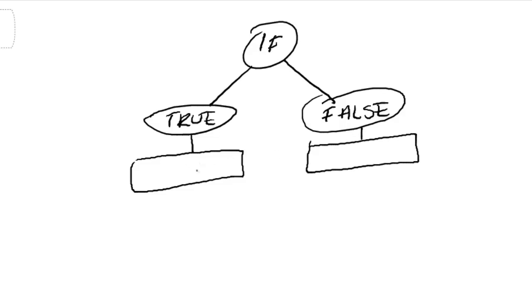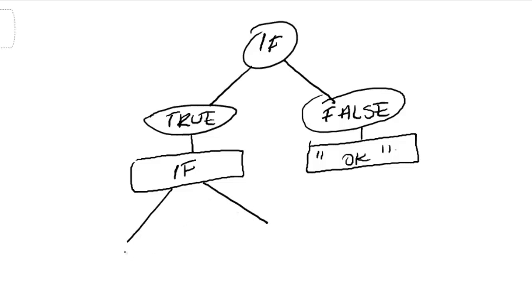Now those two processes can be either functions or can be just simple data, like the output will be okay. Now, if the condition is true, then you want to develop another function. So if the condition is true, and the condition has another statement, then you can put an if inside the true.